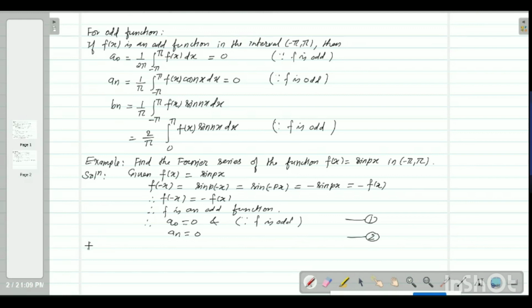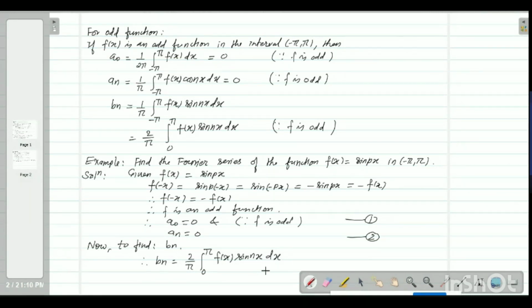Now to find bn. What is the formula for bn? Your bn is equal to, I am using this formula, 2 by pi integration of limit 0 to pi f of x sine nx dx.